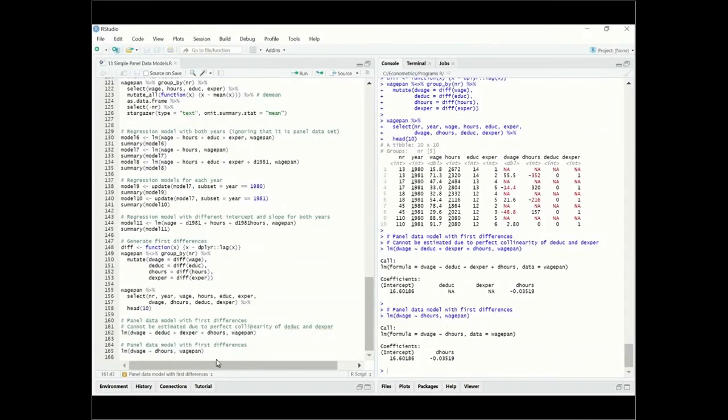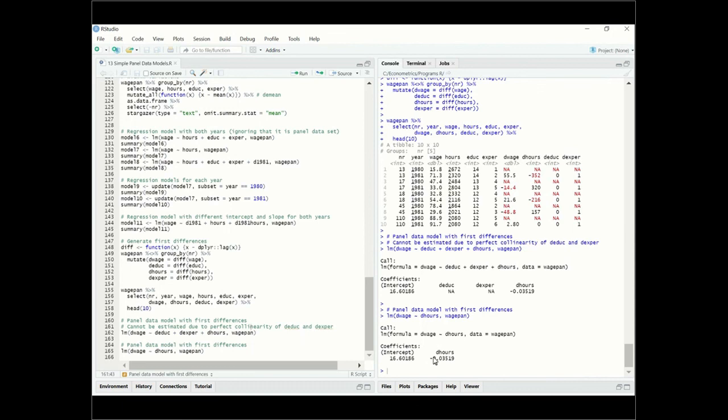So here's how to do it correctly. Panel data model with first differences: we're going to regress the first difference of wage on the first difference in hours, and this is going to be the intercept and this is going to be the coefficient on the first difference.